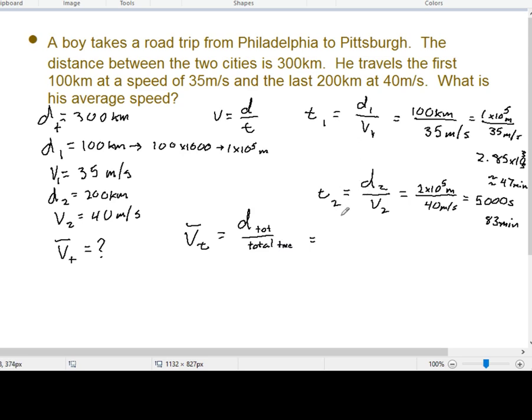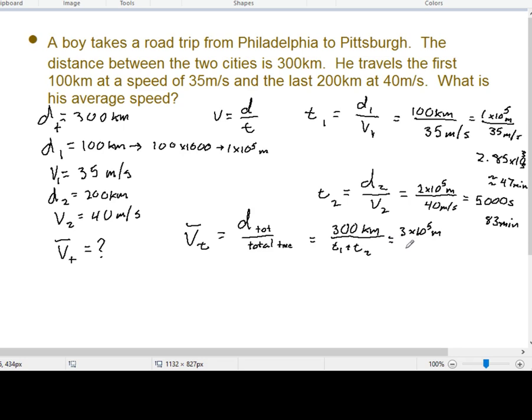My total distance was the 300 kilometers, actually I should write it in meters, so that'll be 3 times 10 to the 5th meters divided by the total time, t1 plus t2.